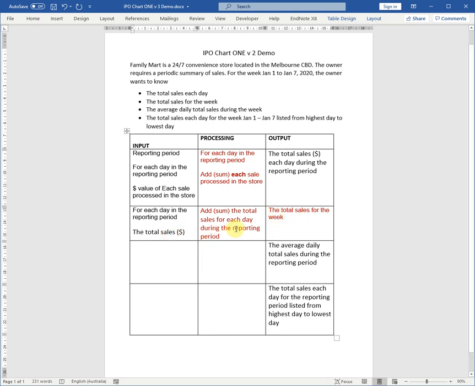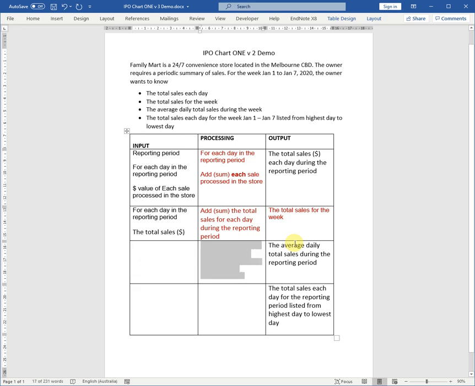Now in here it says each day in the reporting period, which means 7 days, right? And add the total of the sales for each of the reporting periods, which means the total sales for each day. Right? Here we were looking at each sale that was processed for a day. Now we're starting to say each day, sum all the days to get the whole week. Right? Okay.